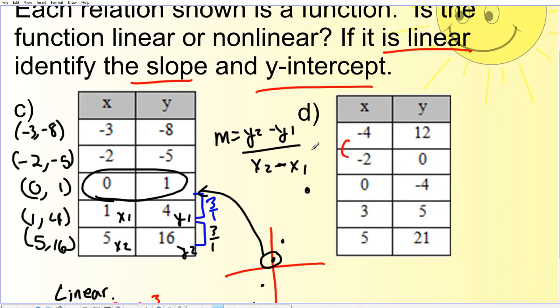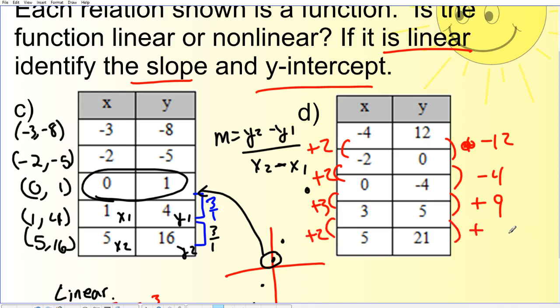Like this was plus 2, minus 12, plus 2, minus 4, plus 3, plus 9, plus 2, plus 16. Now, you kind of ignored this plus 3 one because it wasn't the same. But if you look at the other, plus 2, plus 2, plus 2, minus 12, minus 4, plus 16, it wasn't the same pattern on both sides.